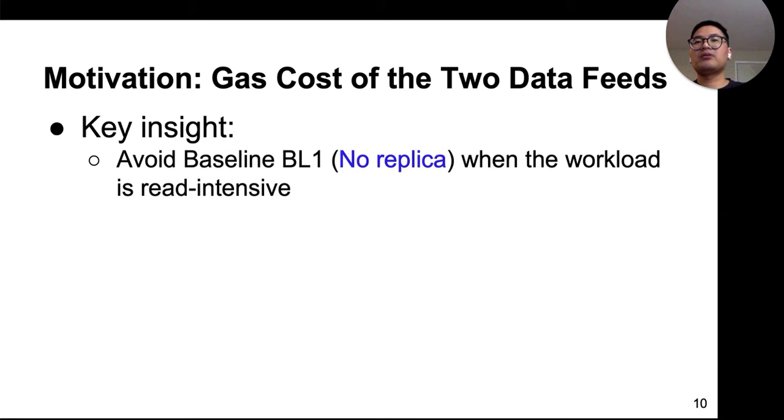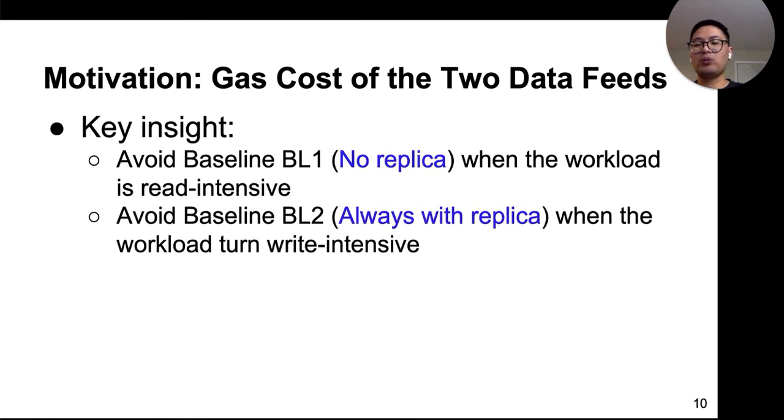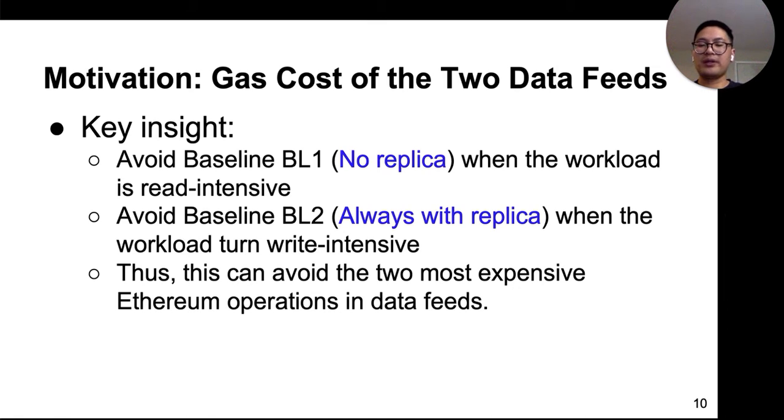So the lesson we learned from the preliminary measurement is that we should avoid baseline 1 when the workload is read-intensive, and we should avoid baseline 2 when the workload is write-intensive. Therefore, this can avoid the two most expensive Ethereum operations in data feed.